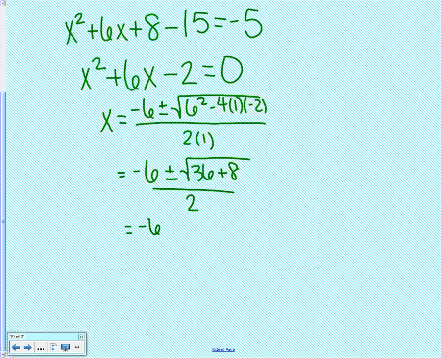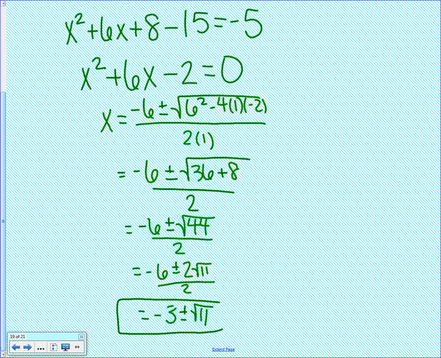So negative 6 plus or minus the square root of 44 over 2. The square root of 44 will become 2 square roots of 11. And so all of these will divide by 2. Negative 3 plus or minus the square root of 11. And so both of those would be your x value. You would put both of those for your answer.